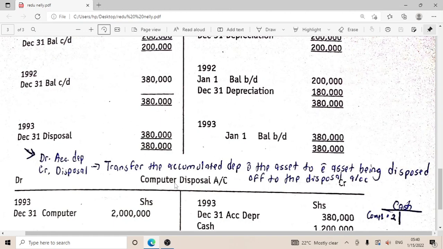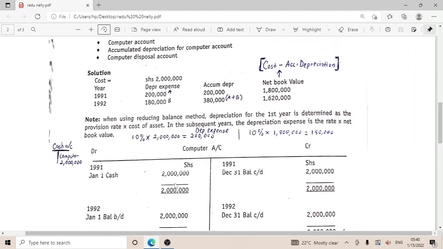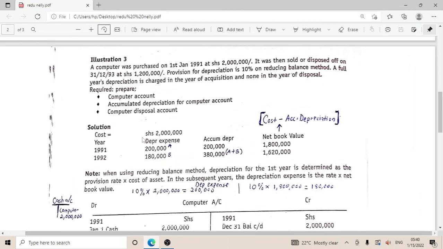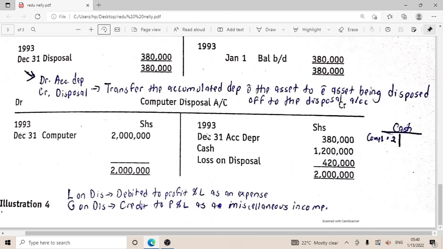So when I open up, remember my computer disposal, they also asked me to open up a computer disposal account. In my computer disposal account, in that year of 1993, 31st December, I'll record the accumulated depreciation.